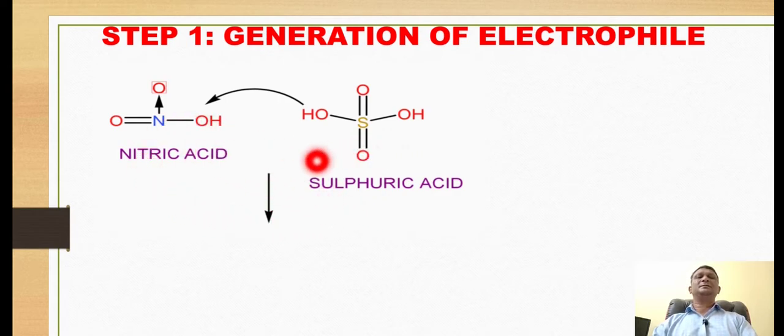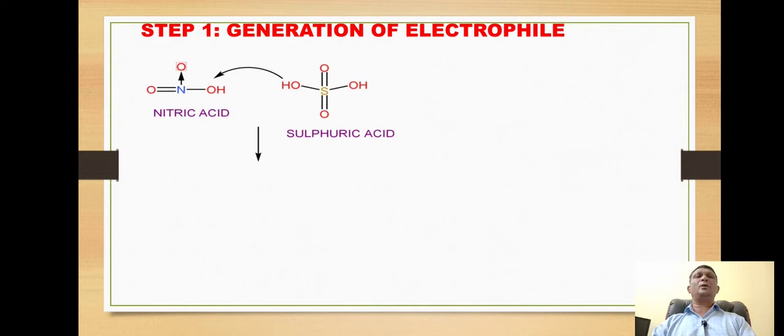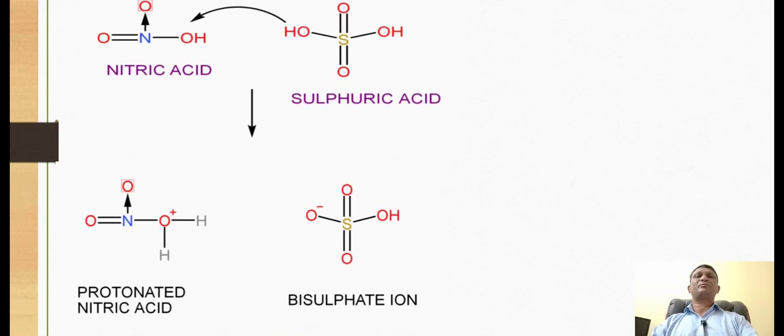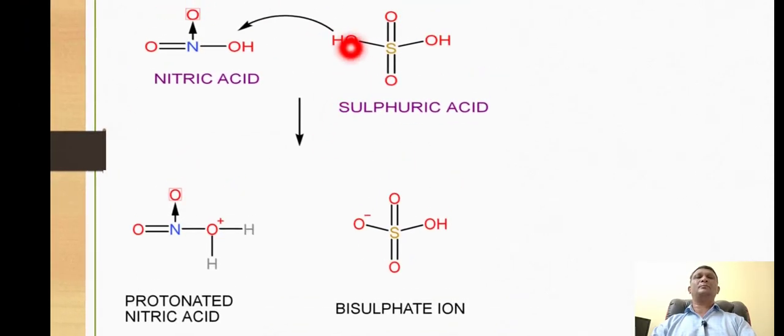So when this mixture is used, there is migration of a proton from the sulfuric acid to the hydroxyl group of the nitric acid. This results in formation of the protonated nitric acid, whereby there is formation of this OH2 species over here.